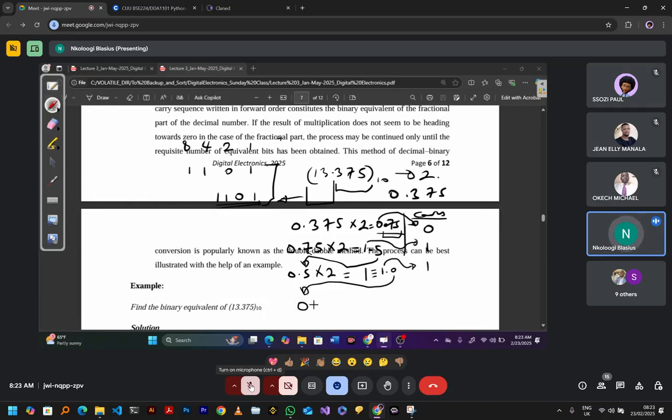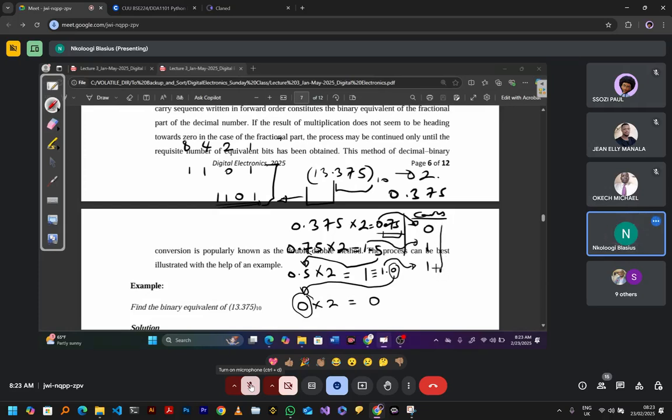So this is now the situation where I told you to stop, because even if now you multiply a 0 times 2, you still be getting what? A 0. So the moment you get this 0 on the side of the multiplier, not the carry, you just stop, and then you record the answer from top to bottom.